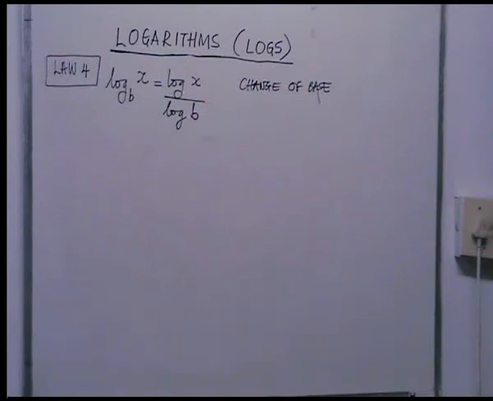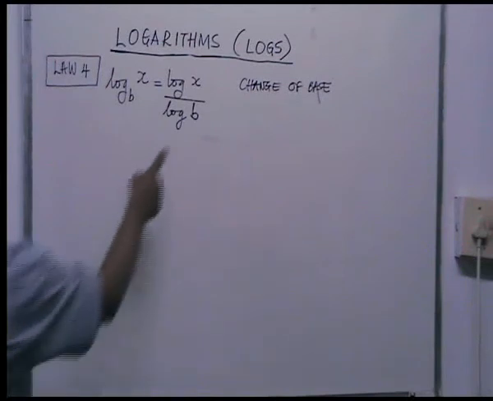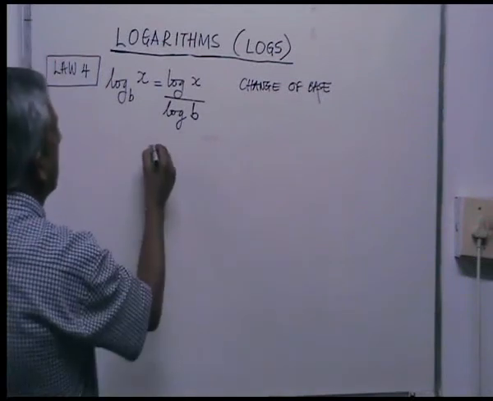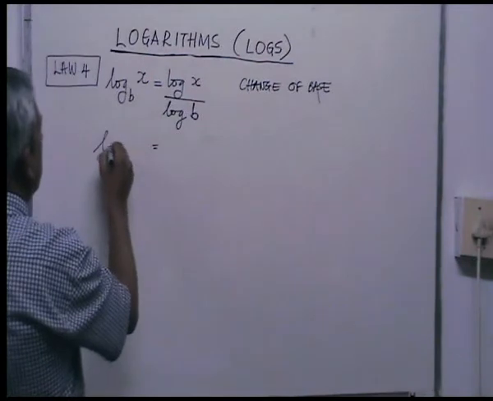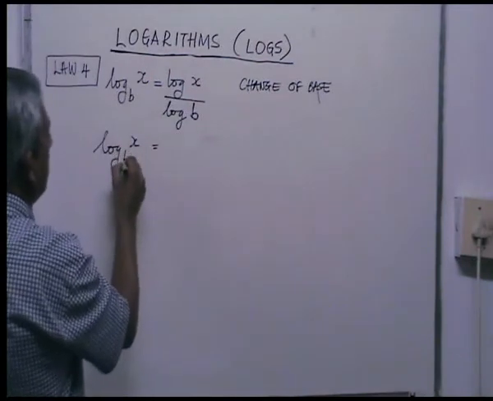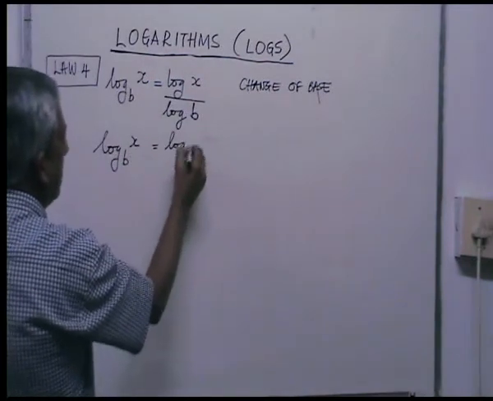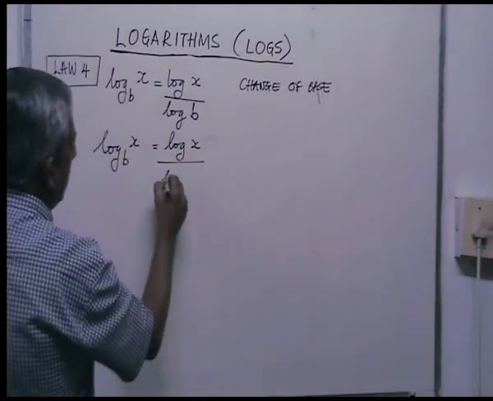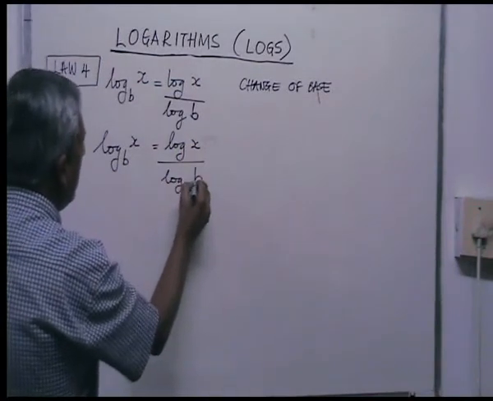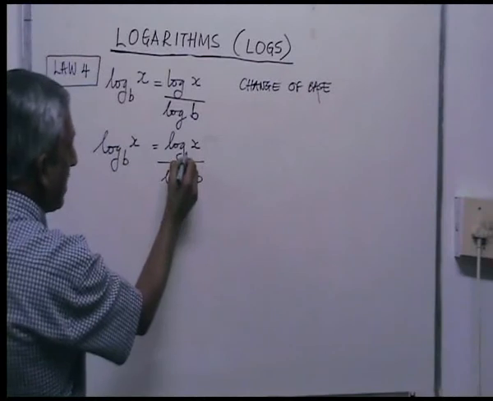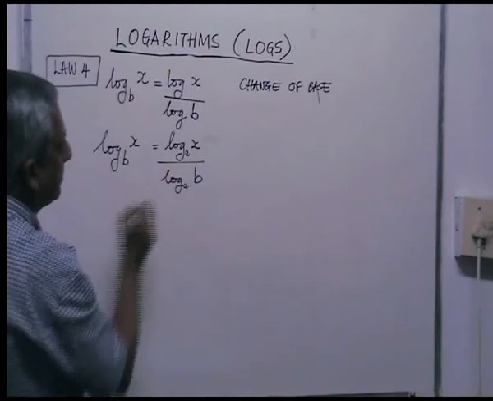So can you see the base is now 10 and 10. In fact, you can make the base anything you like. Log of x to the base b can be written as log of x over log of b, and I can put anything I like here. I can put a and a here.